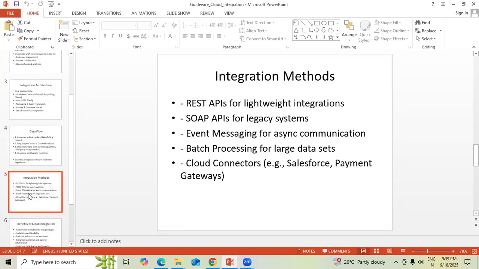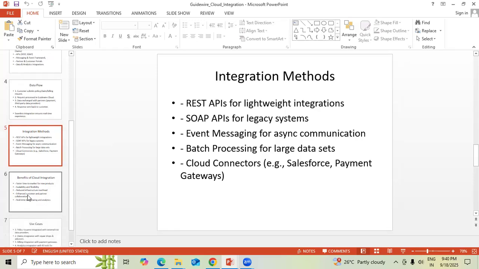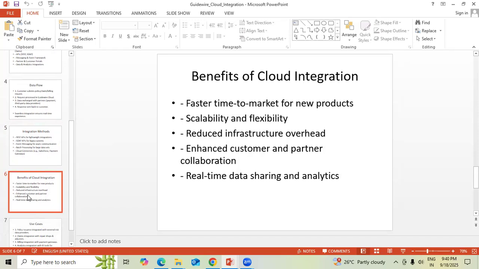Next, event messaging as well as async communication is also needed. Synchronous communication I'm referring to. Next, batch processing for any large data sets, followed by cloud connectors, either for Salesforce or billing payment gateways. So these are the different integration methods we generally have.